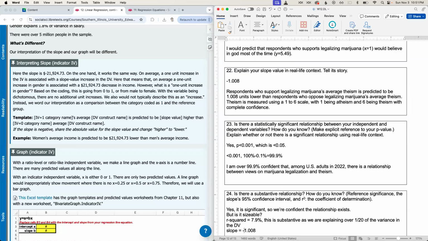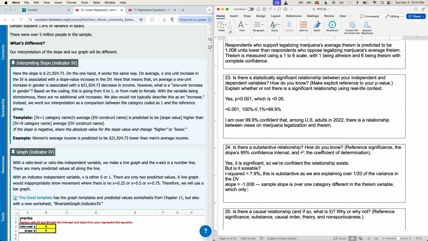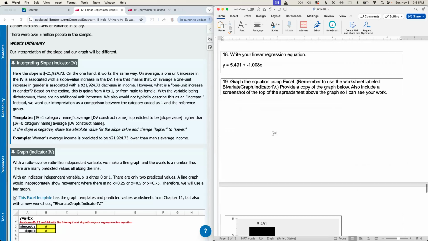Well, negative, but I'm interested in the absolute value. So the sample slope is over one category different in the theism variable, which only has six categories. And so to me, the sample slope is substantive, but let's look at the confidence interval.